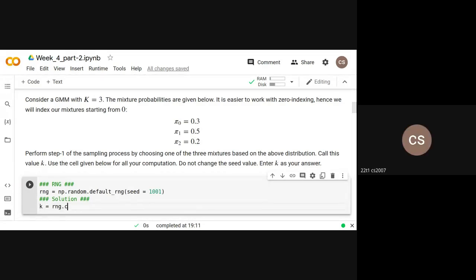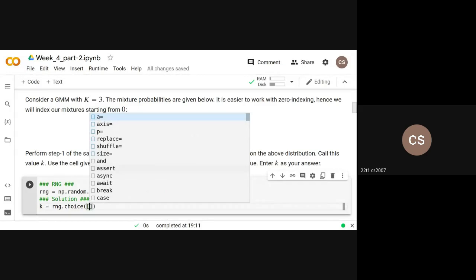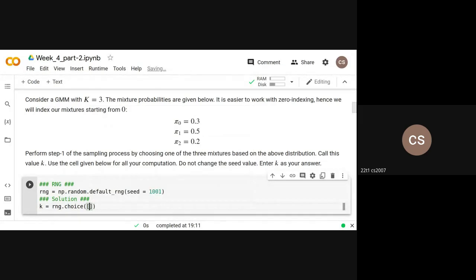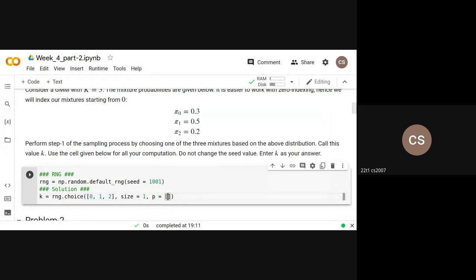So I'll again go for my choice function, and what will I choose now? Values of K, which are 1, 2, 3. But because we are zero indexing, let me just make it 0, 1, 2. We are only choosing one value right now, so the size will be 1. Now probabilities for these 3 mixtures will be 0.3, 0.5, and 0.2.